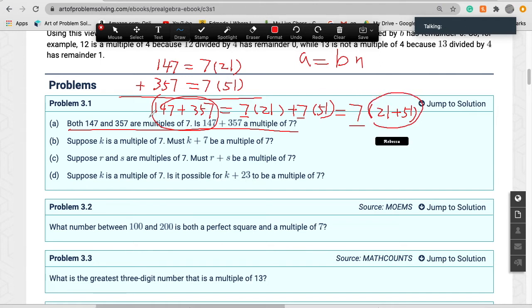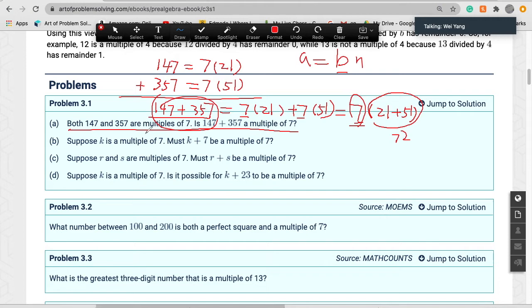That means this sum is a multiple of 7. Here A is 147 plus 357, B is 7, and n is 72. So we found this sum equals 7 times 72, which means this sum is also a multiple of 7. So next time when they ask you to prove, you need to do it this way. That will be very clear and logical.